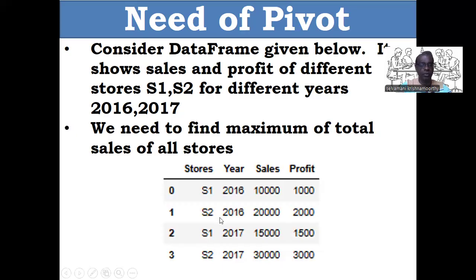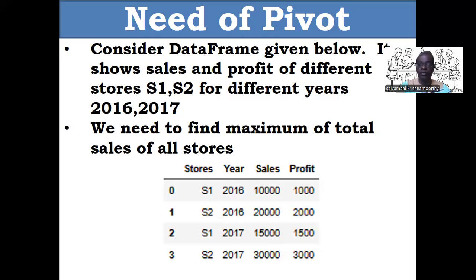Similarly, S2, S2. S2, 20,000, S2, 30,000. Total sales of S2 is 50,000. So total sales of S1 is 25,000. Total sales of S2 is 50,000. Maximum of total sales of all stores, so result is 50,000. This is my aim.